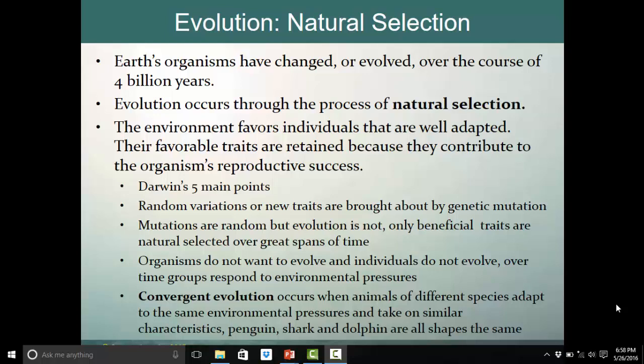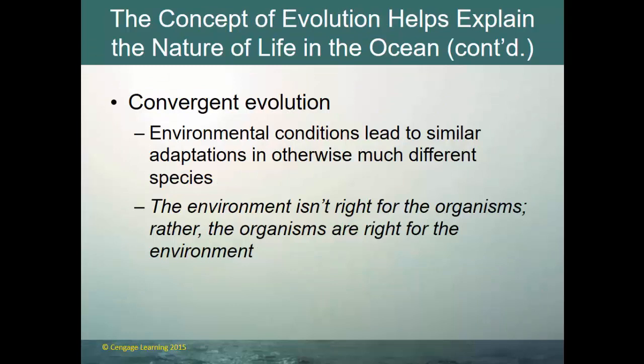You have a flightless bird, a fish, and a marine mammal, but they have all adapted to the same environmental pressures to take on similar characteristics, and that specifically is their shape. Convergent evolution, again: environmental conditions lead to similar adaptations in otherwise much different species. The environment isn't right for the organisms, rather the organisms become right for the environment.